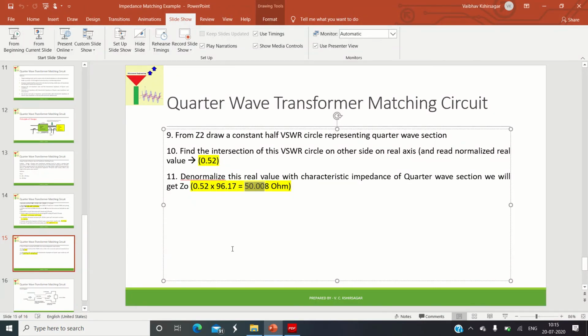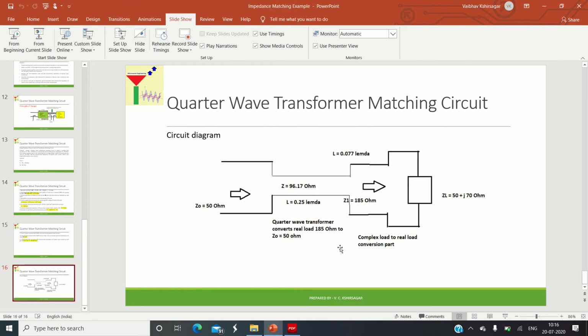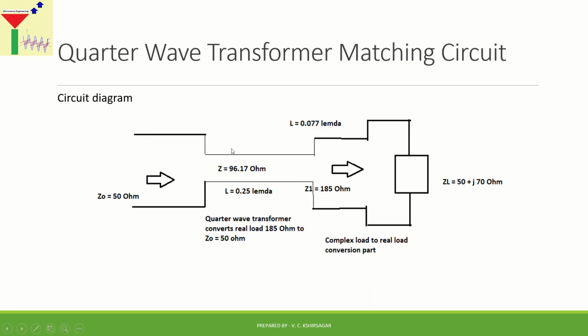So the whole diagram, if we redraw it, how can it be shown? See this particular diagram, I will put it on presentation mode. All the things which we have done in the Smith chart are shown over here. First of all, we started from the right hand side where we have the load impedance 50 plus j70 ohm.